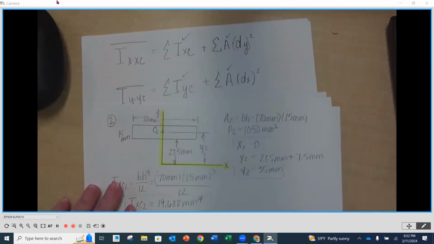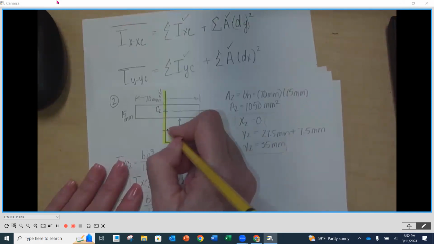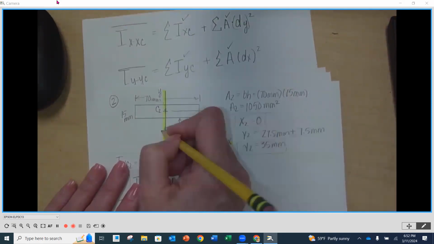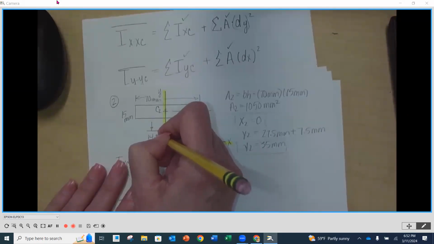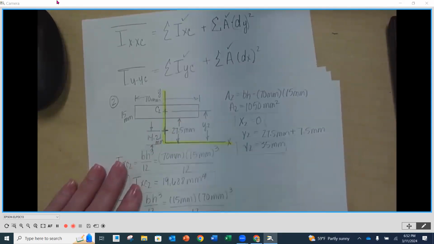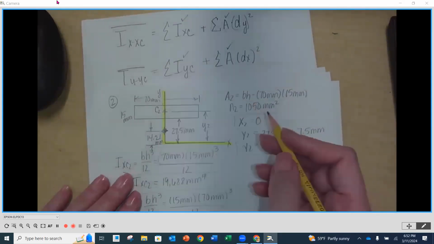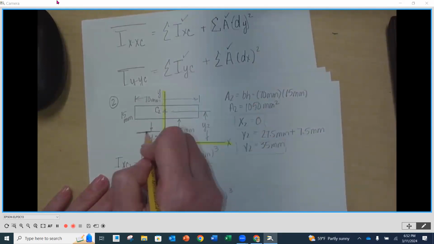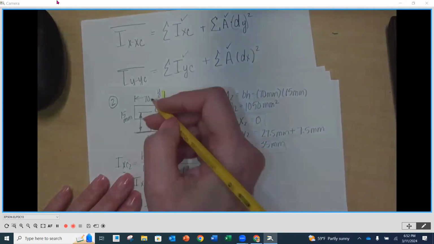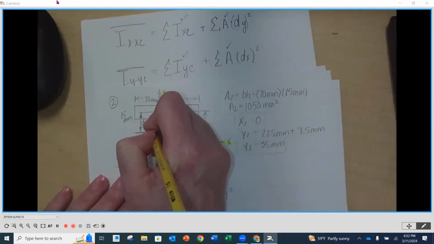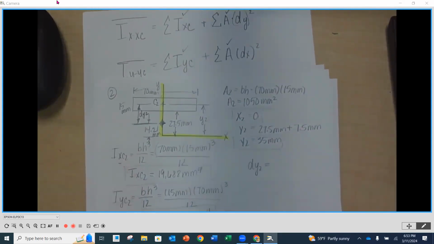And we're going to add that distance right here. Here's our X. We know that from here to here, this was our 14.21 millimeters. So now this is our new centroidal axis, our new reference axis. Now we need to determine the distance from here to that centroidal axis, and that's going to be our dy2. So how do we get that?